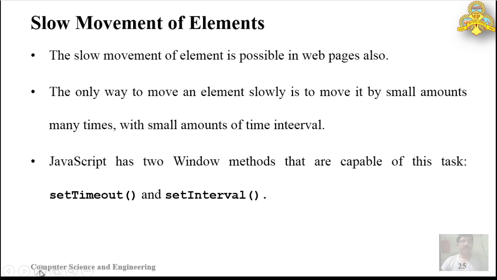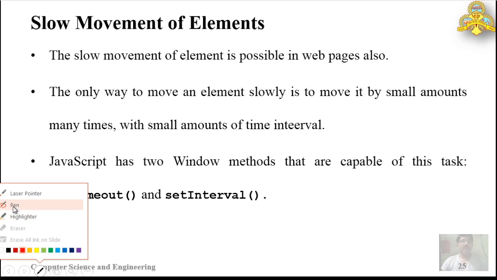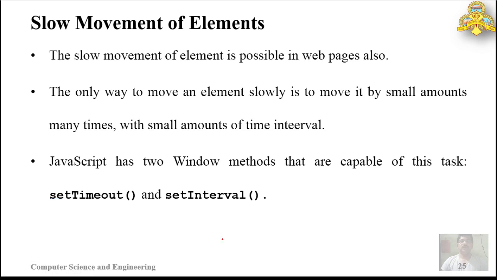Slow movement of elements can be achieved in web pages also. For that we have to use some JavaScript special functions, and also we have to rely on some algorithms for the movement of elements.